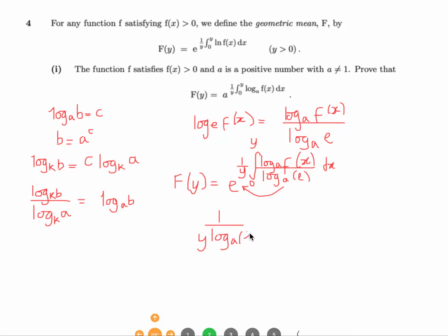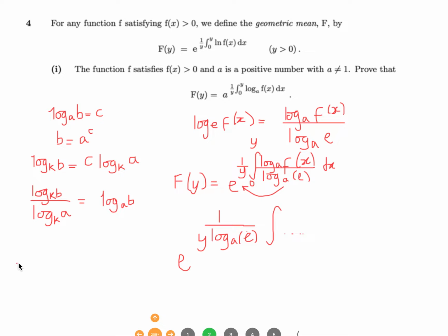Now, what might be a good idea is, well, it's going to be e to the power of this, isn't it? And then obviously we've got the integral here, which is log base a of f of x. So it'd be good if we could do something on this log base a of e. And I think we can. If we could write it as ln, so put it back as a natural logarithm, we might be able to do something about this.